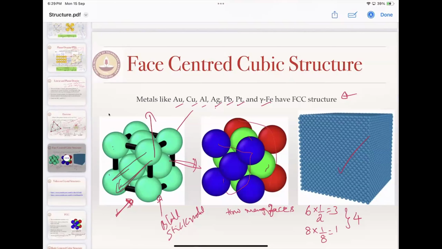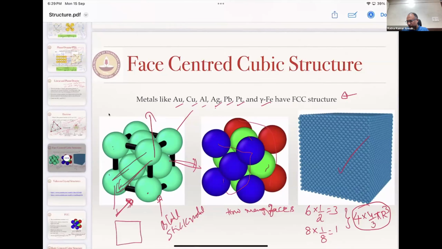And what is the volume of each of those atoms? If the atom radius is r, the volume of each atom is 4/3 pi r cube, into 4. Do you agree? Suppose you take this as my unit cell, let me draw the unit cell for you.